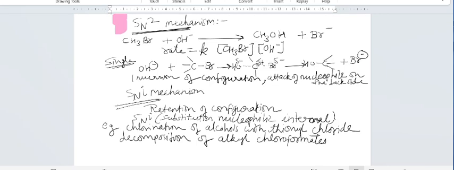The main feature is retention of configuration.